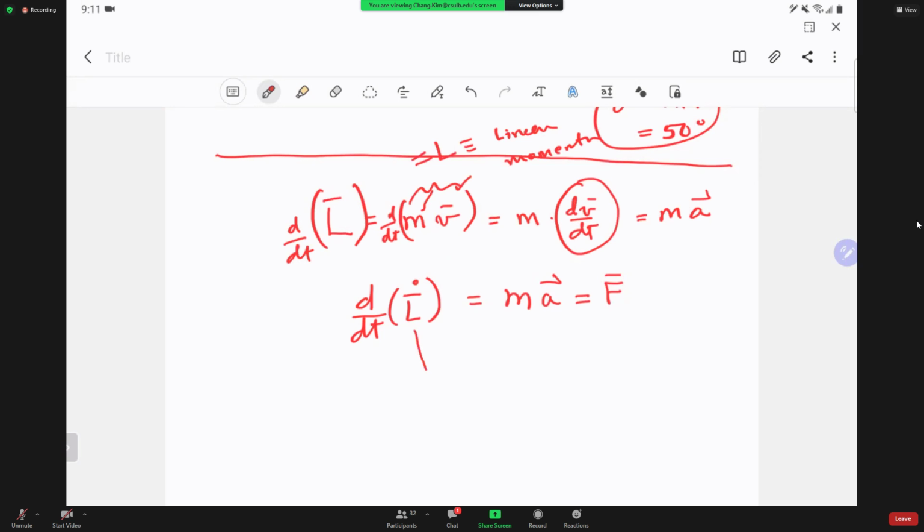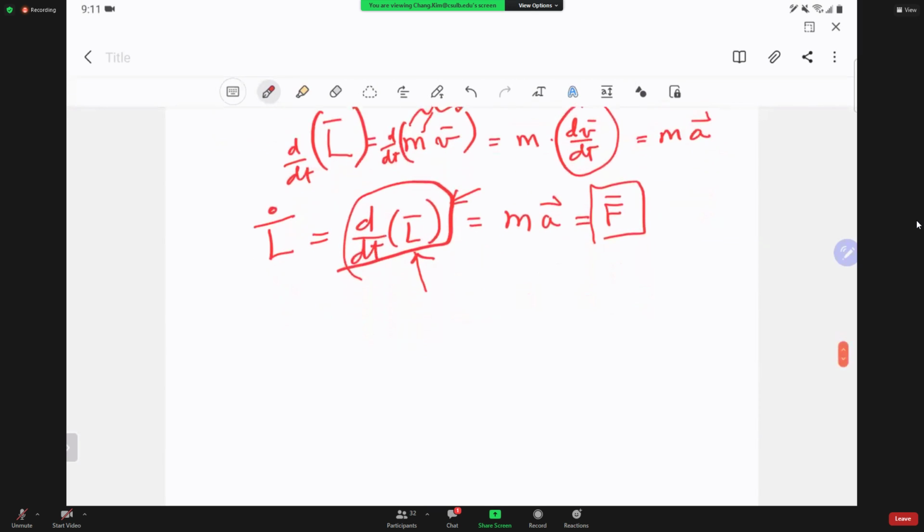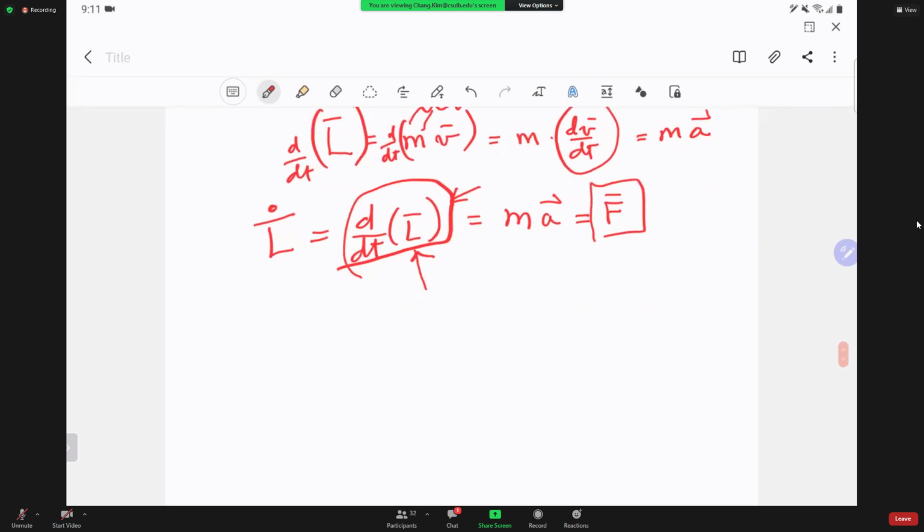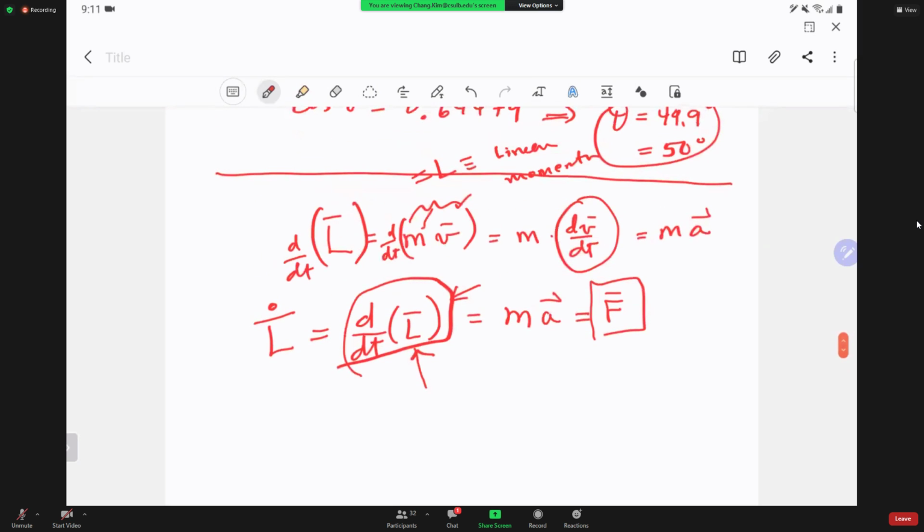So, put another way, this is L dot. The change in linear momentum is equal to force. If there are any time changes in the linear momentum, that is the force. So that's what the baseline is.